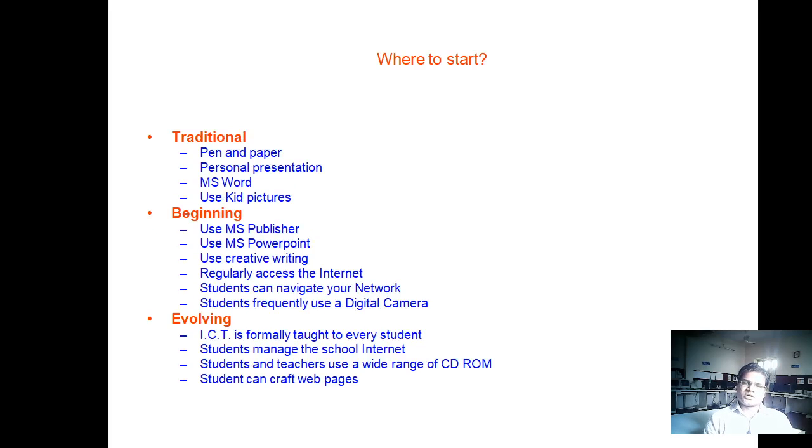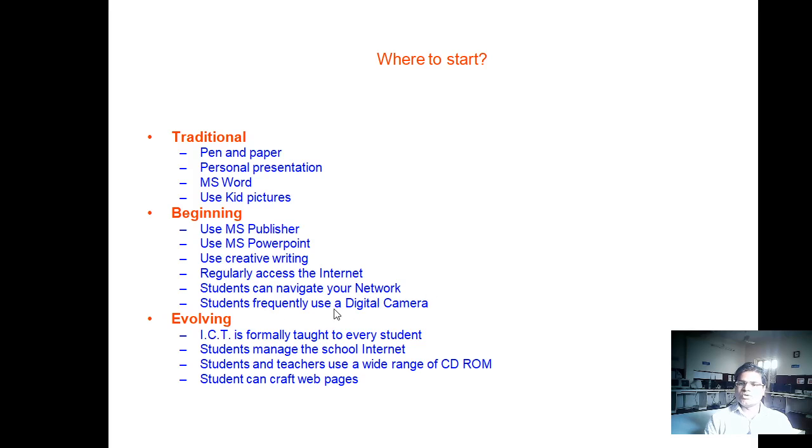Then where to start? See, in the traditional one, there was pen and paper, personal presentation, MS Word, use key pictures. In the beginning, use MS Publisher, use MS PowerPoint, use creative writing, regularly access the internet. Students can navigate your network.